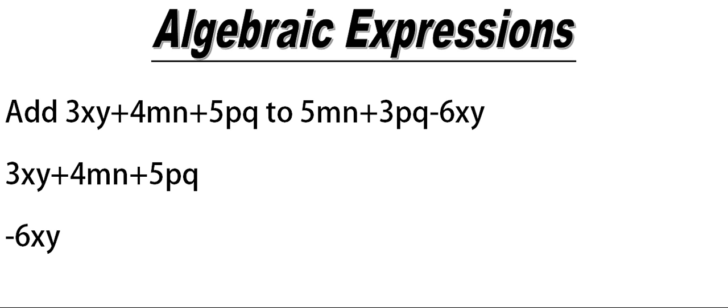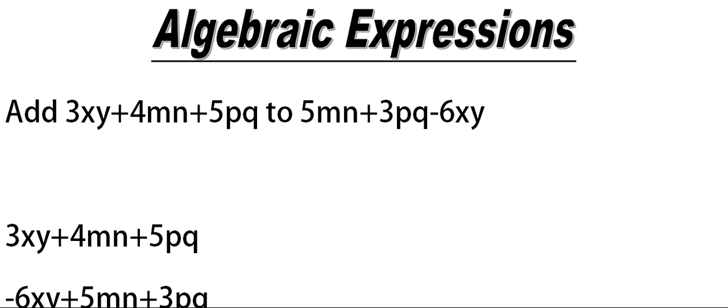So you will write plus 5mn. And the third term is pq, so I will write plus 3pq just below 5pq. This is the arrangement of the terms.